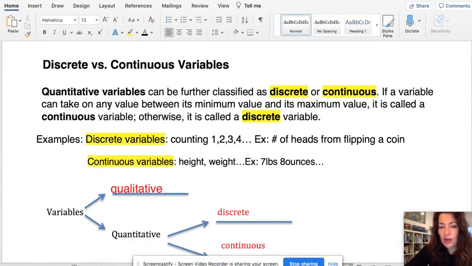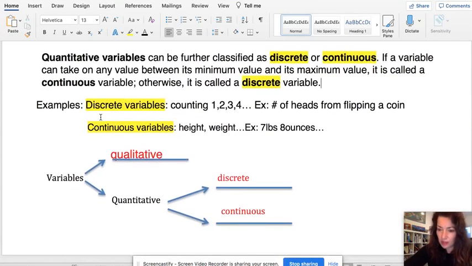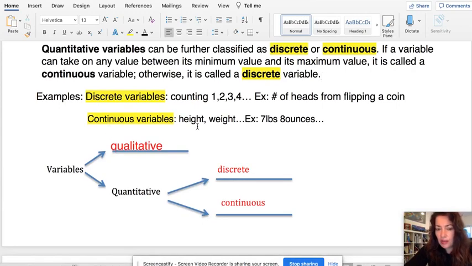All right, so when we're talking about quantitative variables, there are two types. There's discrete and continuous. What does it mean, discrete? Discrete is counting numbers. So for example, you're counting how many M&Ms. We're counting how many times I'm flipping a coin. Whereas continuous variables is where there's no gap in between. So for example, if a height is 173 centimeters, that will be continuous.